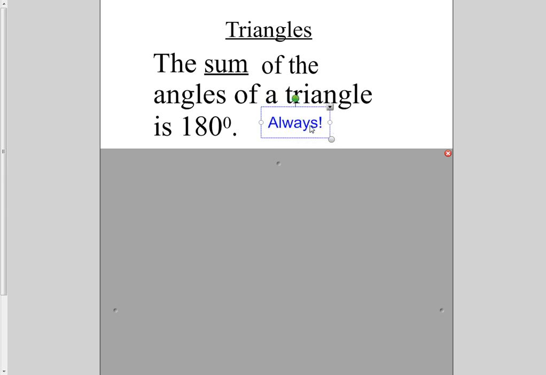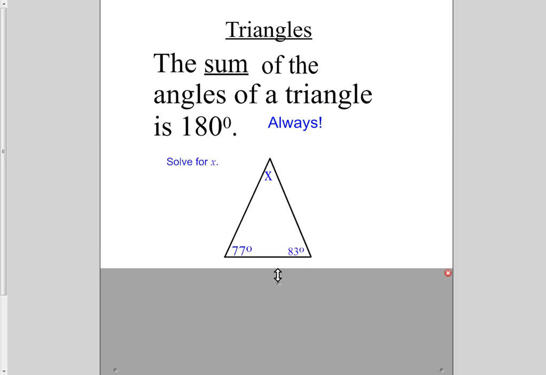This is always true. Well, once we know that, what can we do? Well, we can start to figure things out. Like, we could find out what that angle there is. Well, we can start with that 180 degrees. We can subtract 77 plus 83, and that will equal x.